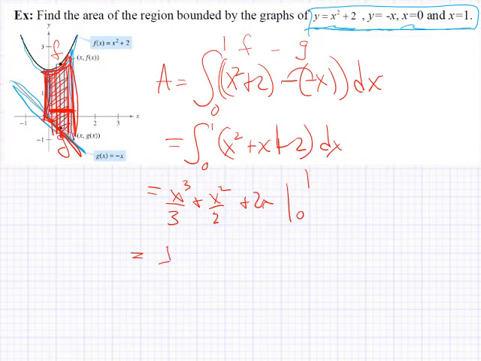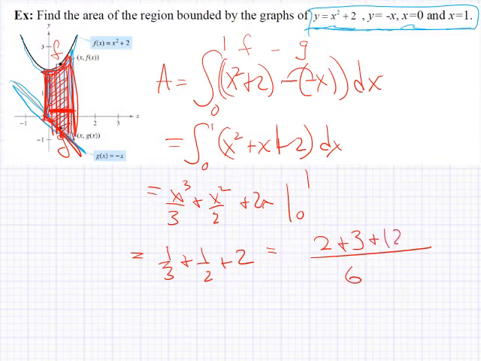So ultimately, it gives us 1/3 plus 1/2 plus 2. Common denominator would be 6. So we're going to have 2/6 plus 3/6 plus 12/6. So we get 17/6 as our area.